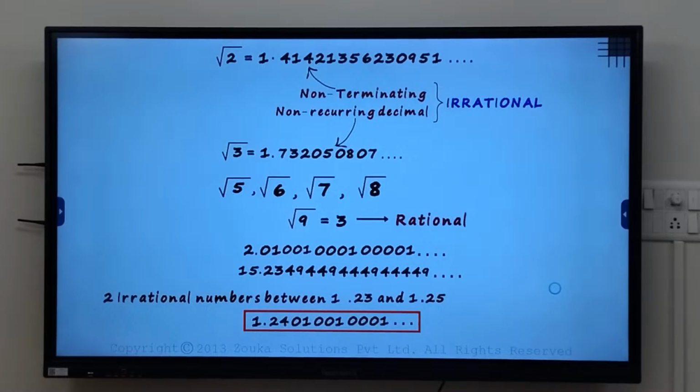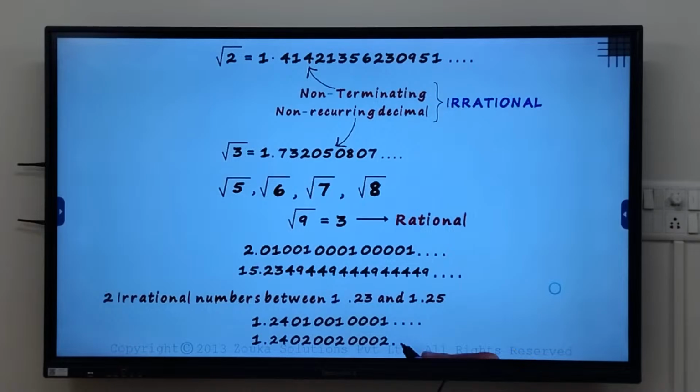That's one irrational number between these 2 numbers. Again, let's write 1.24, and this time we write 02, 002, 0002, and so on after it. That's your second irrational number. So to find irrational numbers between 2 numbers, just write a rational number between them and then add non-terminating, non-recurring digits after it.